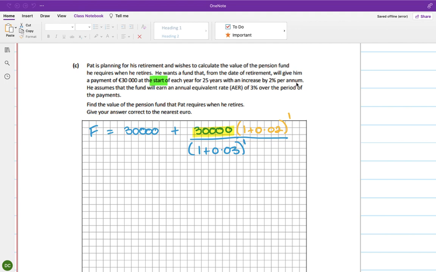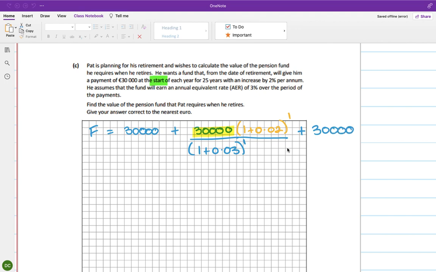So that is actually 30,600, the payment he's going to get at the start of the second year, which then needs to be present valued back a year so we can figure out how much he needs to have on his retirement date. So this is unusual. It makes sense, but it's definitely unusual and not something I showed you, or something I think is a logical leap. I think it's tricky enough.